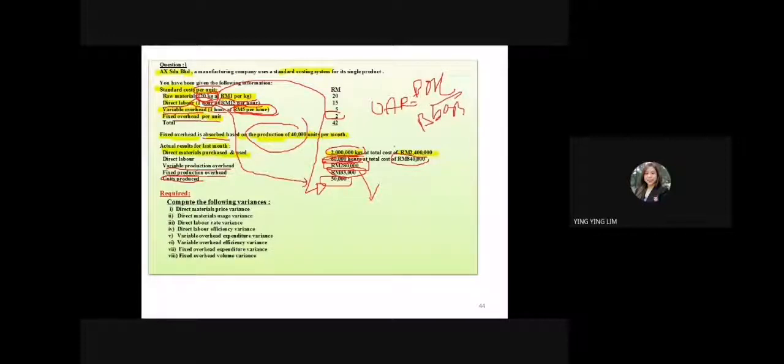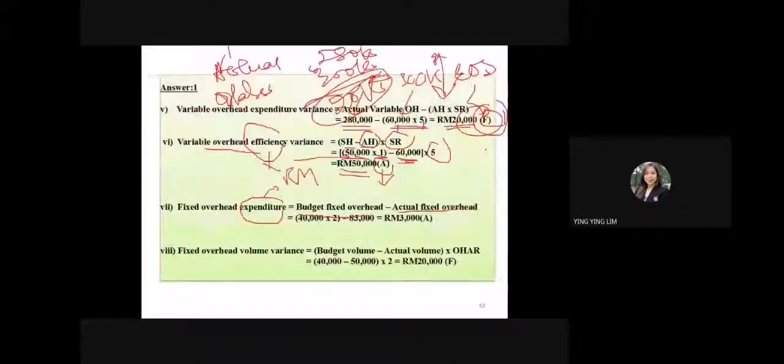So now your FOAR is 2 ringgit. I don't know how much my budgeted overhead in RM is. Then your budgeted basis here is 40,000. So therefore, 2 multiplied with 40,000 is your budget portion, which is 80K. You minus 83K. So you get RM 3K.